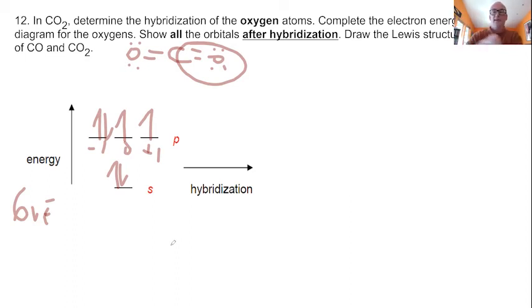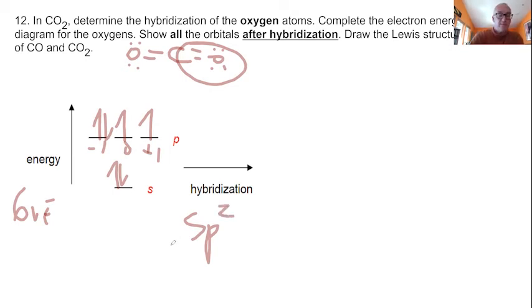It was sp when I wanted 2, so now I want 3. So I need sp2 hybridization.